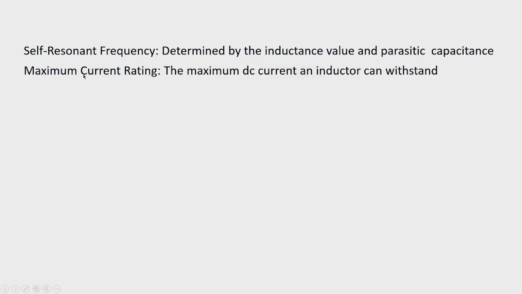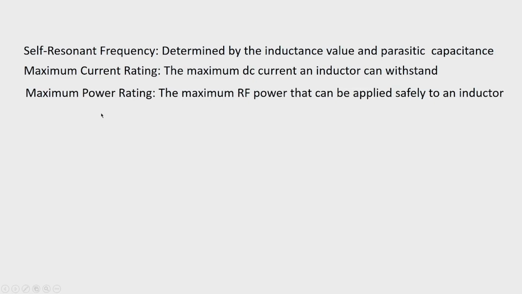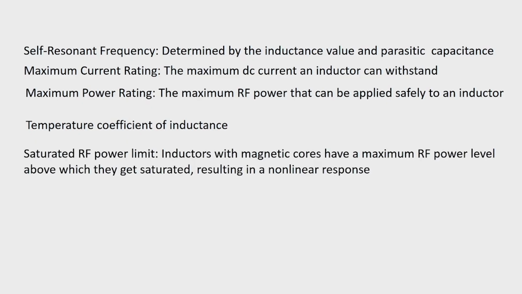So, this is another important rating. Then maximum power rating, the maximum RF power that can be applied safely to an inductor without the inductor being damaged. Then temperature coefficient of inductance, this is also another important parameter, and finally saturated RF power limit.